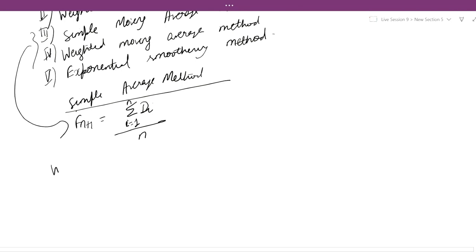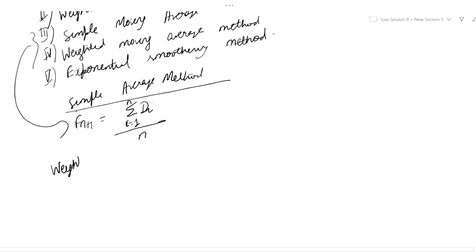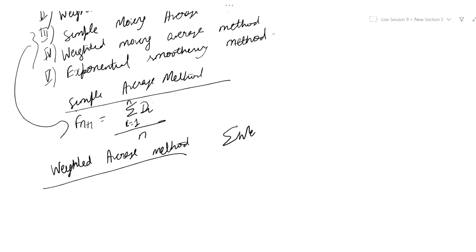Now the weighted average method is: here the sum of all the weights is equal to 1. Now forecast is equal to summation of WiDi by Wi.